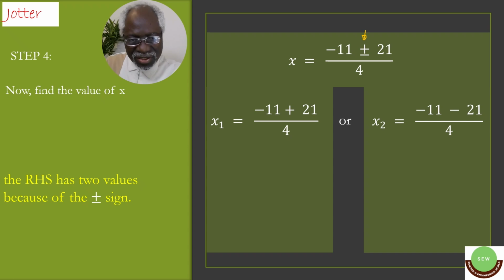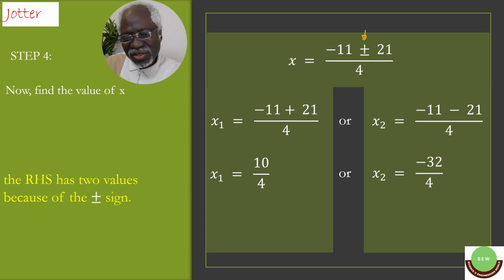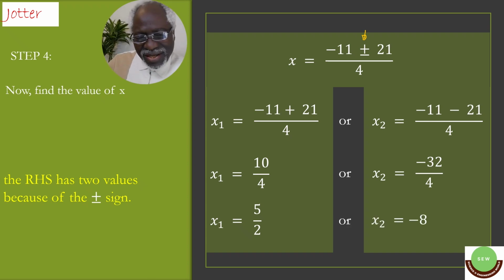Minus 11 plus 21 is 10 over 4, or minus 11 minus 21 is minus 32 over 4. 10 over 4 is 5 over 2, and minus 32 over 4 is minus 8. These are the two roots of the equation we obtained earlier on.